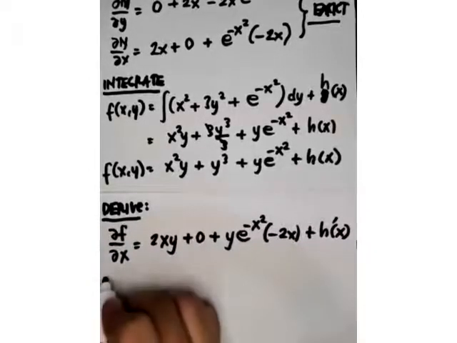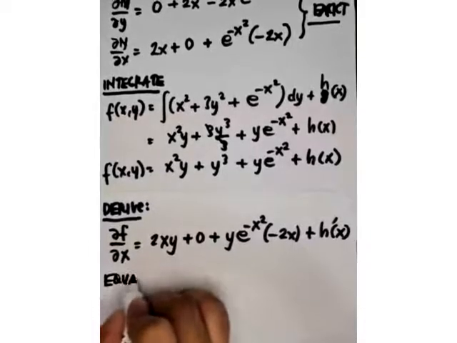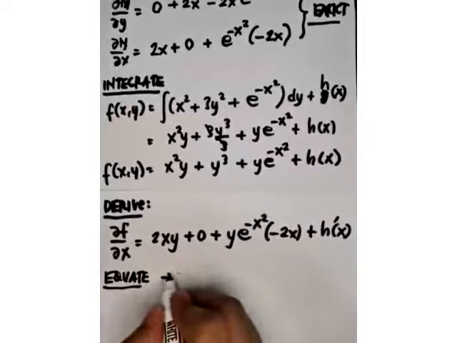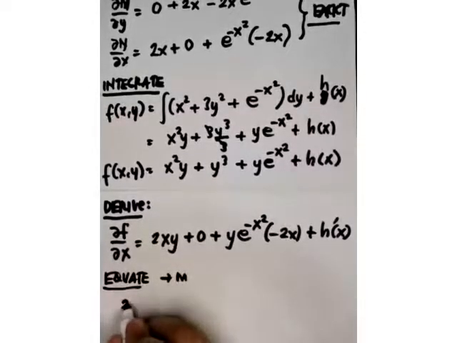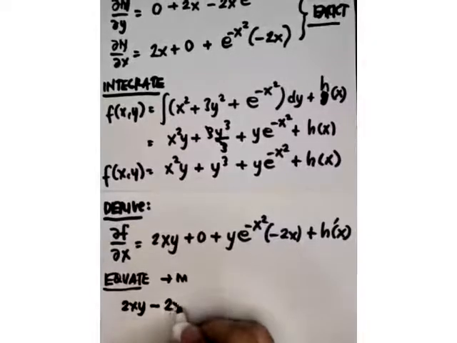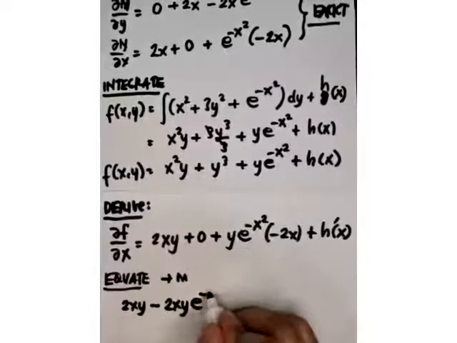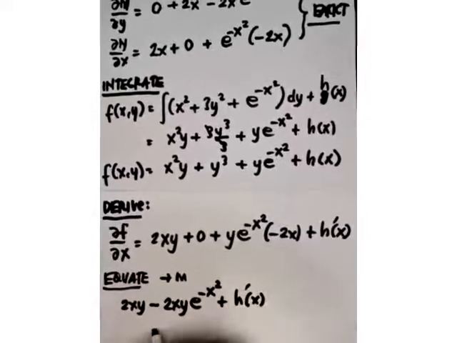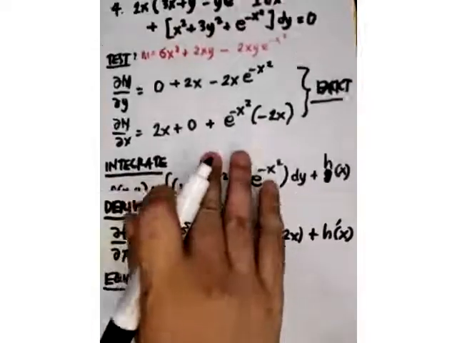Okay. And then we will, nakuha ba? Equate natin siya sa M. So that's 2xy minus 2xy e raised to negative x squared plus h of x prime is equal to yung M natin.